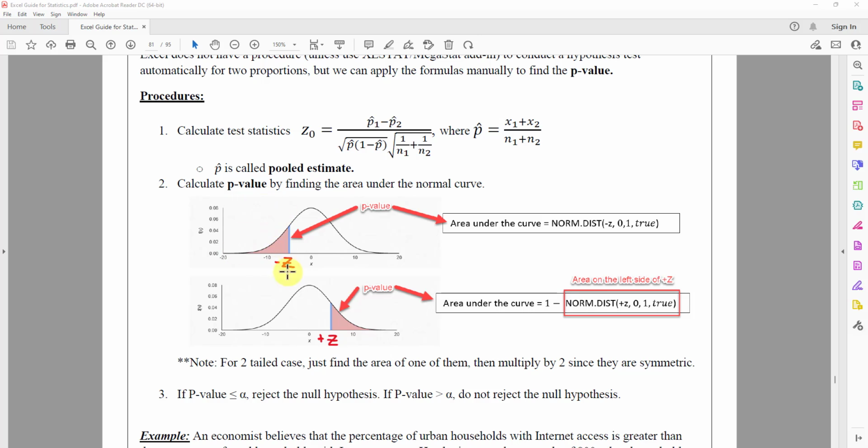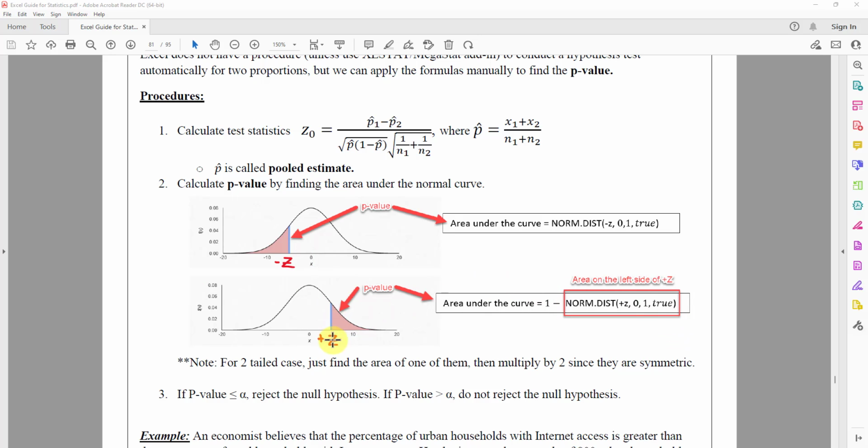So in the left tail case, we just use the NORM.DIST, the normal distribution function again, and we input the negative z, and 0 for the mean, 1 for the standard deviation, and TRUE for the cumulative area to the left side of negative z.